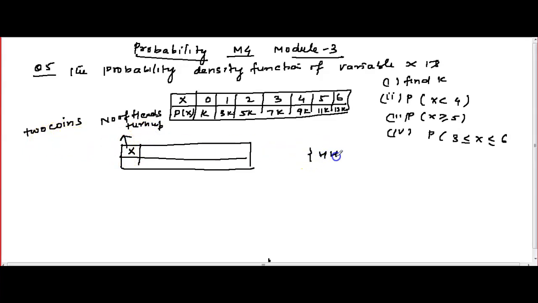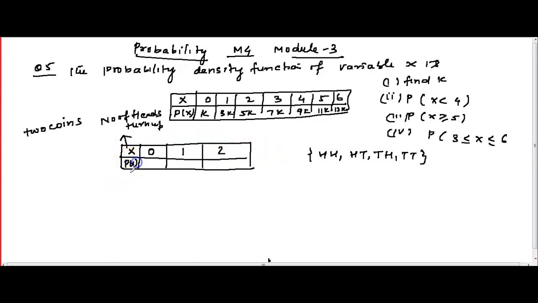Either both will be head, or head tail, or tail head, or both tail. X is the count of heads, so it is either 0 heads, 1 head or 2 heads. More than 2 won't be possible because there are only 2 coins.